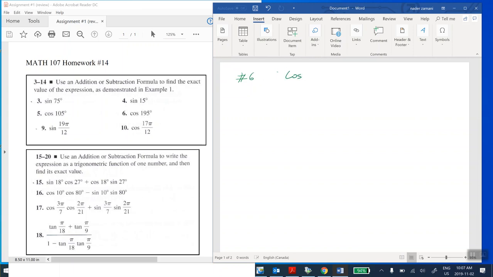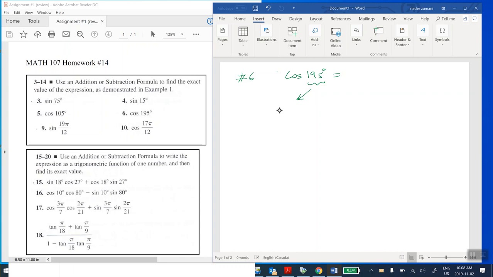We have cosine of 195 degrees. So what I'm going to do is write this thing as maybe, let's see now, what's the best way of breaking this down so that we get angles that you recognize. Now, you may have to try a few things.